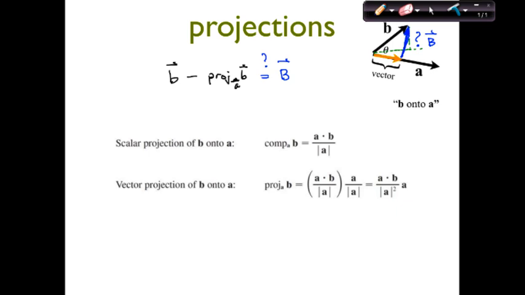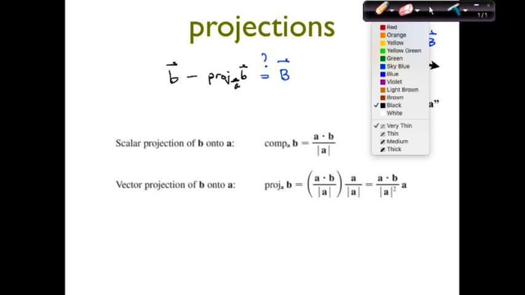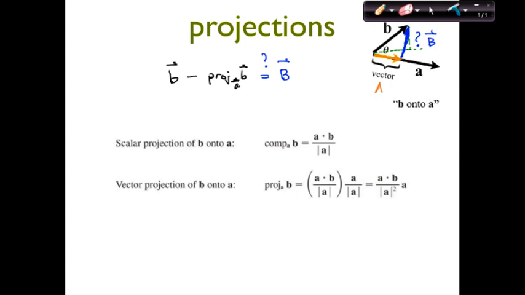Do you see it? So basically, when you have the components of a vector, let's call the orange one capital A and the blue component capital B. Then what's the relationship between capital A, capital B, and little b? Yeah, if it's the components, then capital A plus capital B equals little b, which would mean that capital B equals little b minus capital A, and that's exactly what we said.